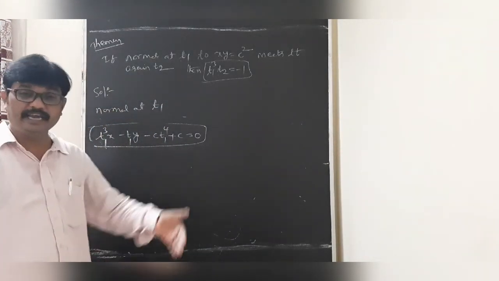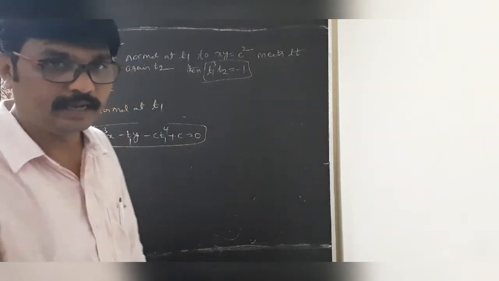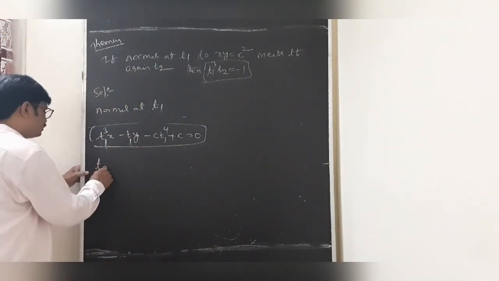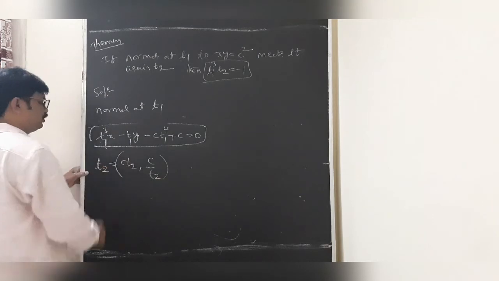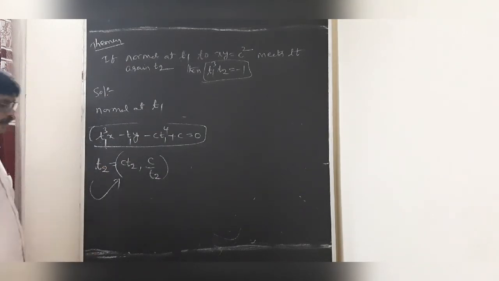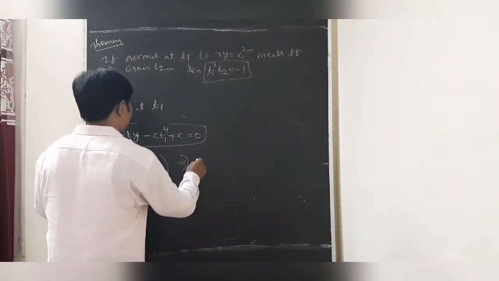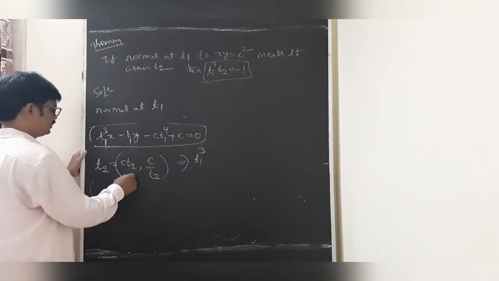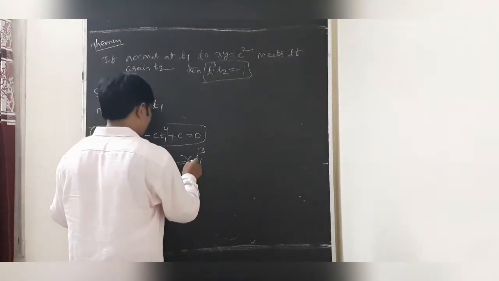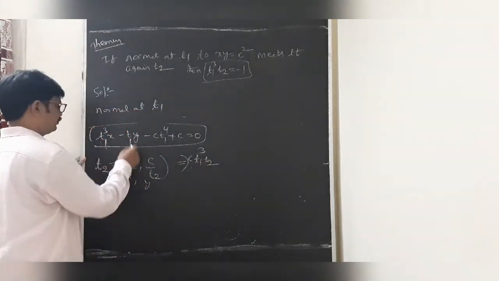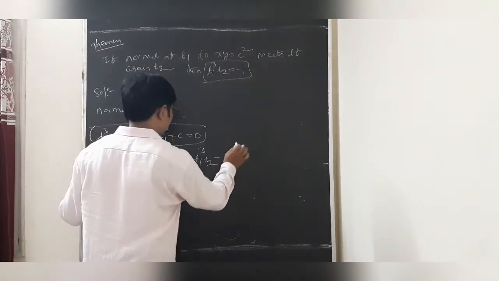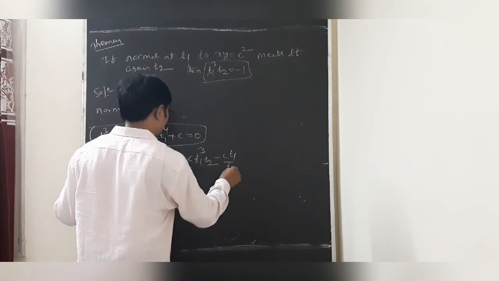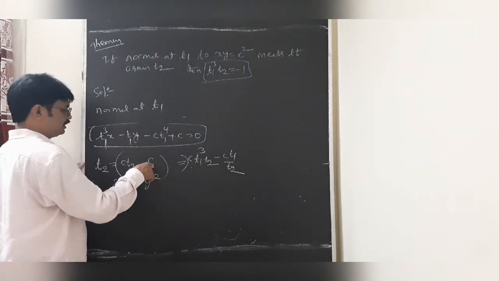This normal again meets the rectangular hyperbola at the point t₂, which is (ct₂, c/t₂). We substitute this here: x is ct₂ and y is c/t₂.